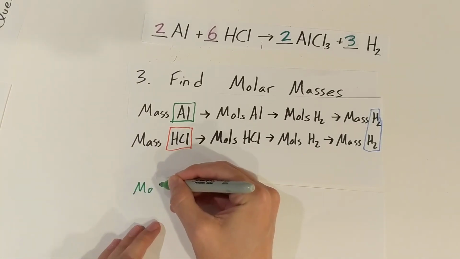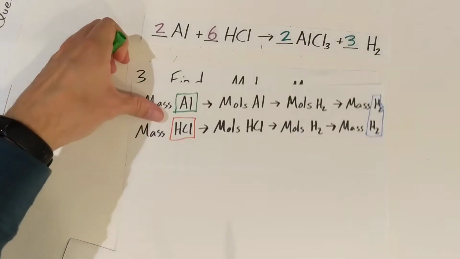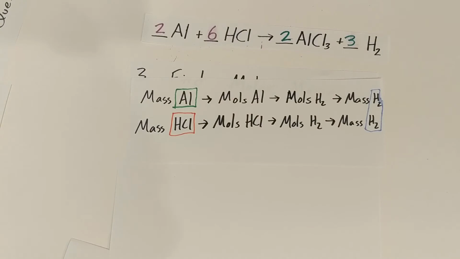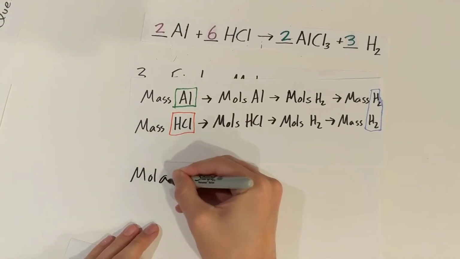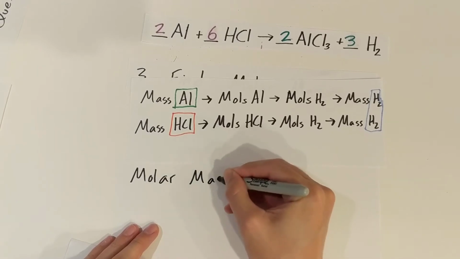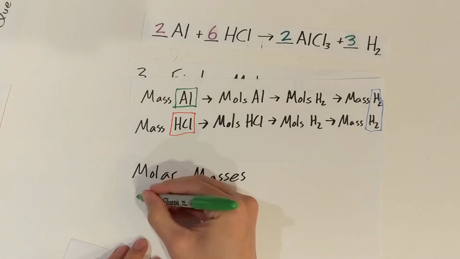We're going to find our, might need a bigger paper. We're going to find our molar masses. And we're going to find it of aluminum.